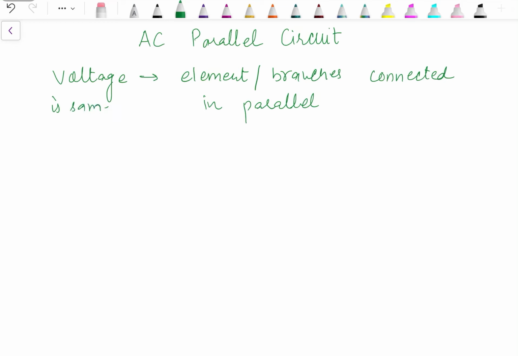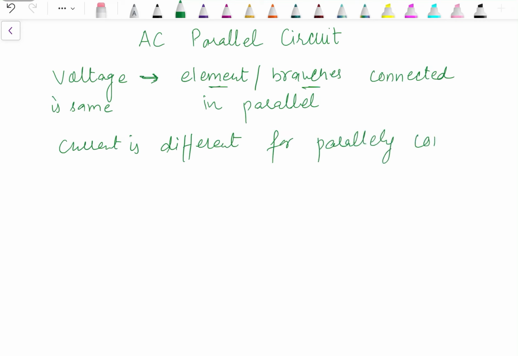So voltage is the same for the elements or the branches which are connected in parallel, while the current is different. Current is different for parallelly connected elements, or we can say branches.